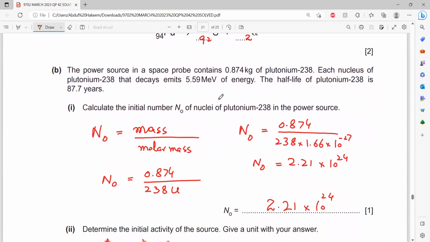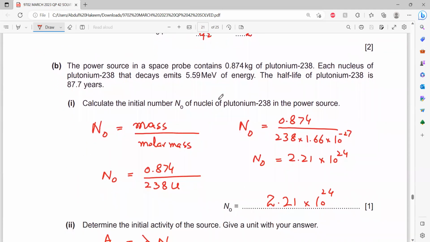And the next, the power source in a space probe contains 0.874 kg, that is 874 gram, of plutonium-238. Each nucleus of the plutonium that decays emits 5.59 mega electron volts, that is, after a single alpha emission, after one nucleus decays, this is the energy released. The half-life is given as 87.7 years. Calculate the initial number. Look, this is the formula.